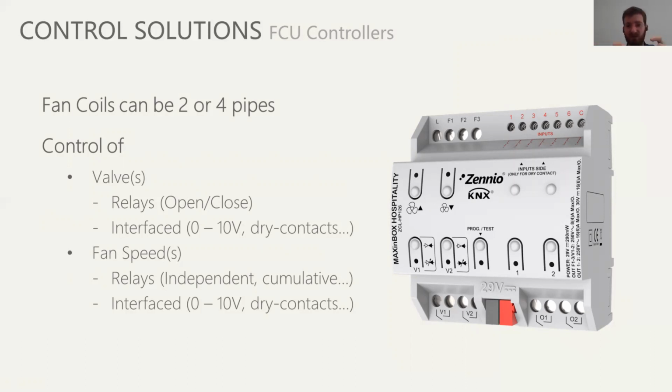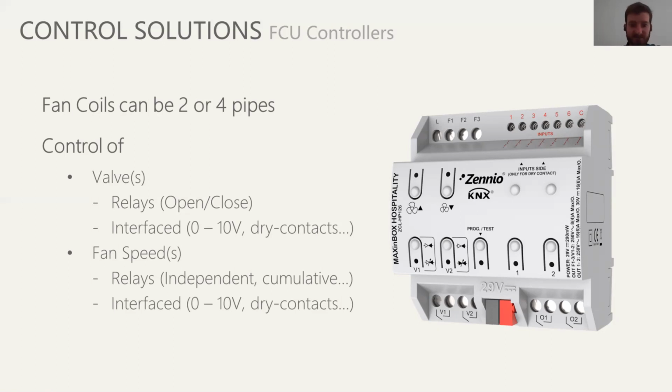I call that an interface because a 0 to 10 volt is just a control signal. It's not actually providing 0 to 10 volt to the valve, or not necessarily. So you get a 0 to 10 volt signal for control, and then you open the valve accordingly. Or you could also have dry contacts, again an interface into something that will actually open or close the valve.